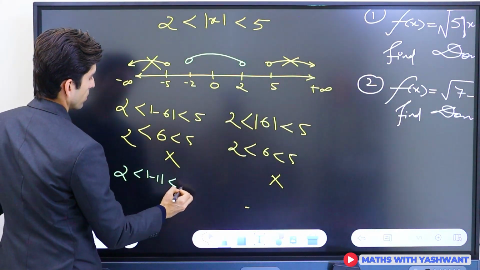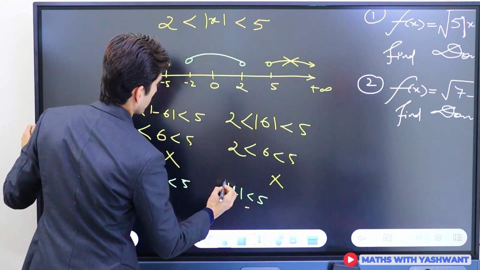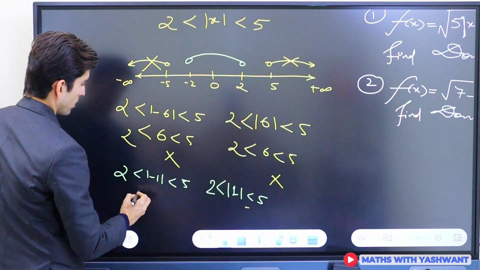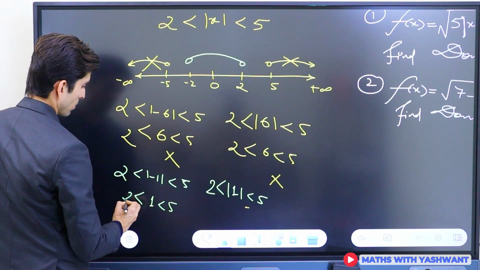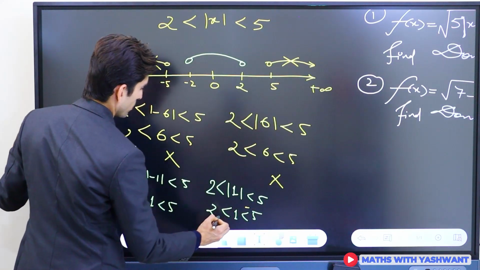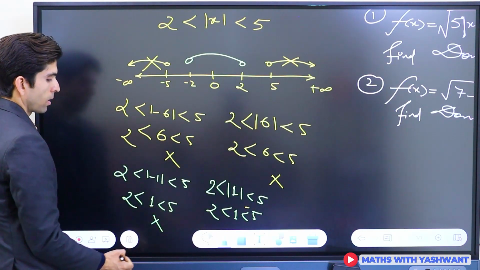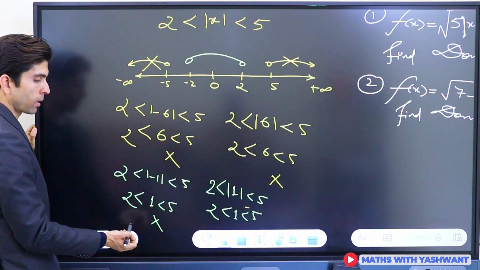So we put negative 1 and positive 1 in the given inequality. The modulus of negative 1 will be positive 1, and the modulus of positive 1 will be positive 1 only. So you can see here that this is wrong because 1 is greater than 2 is a wrong statement.